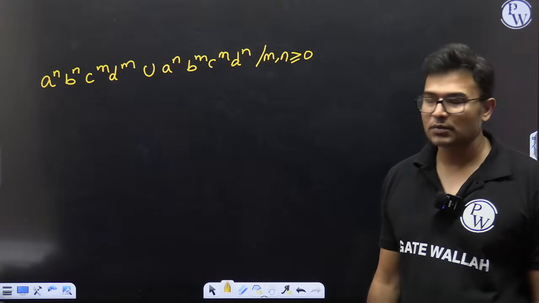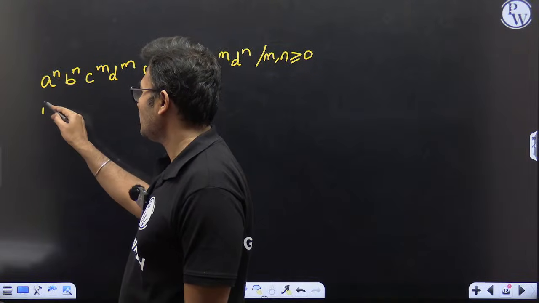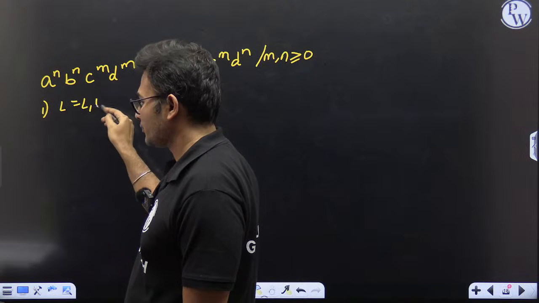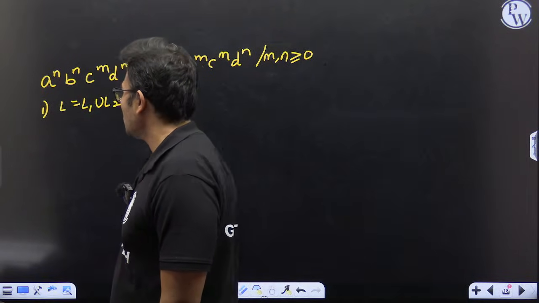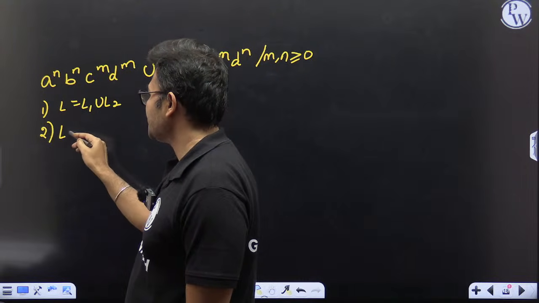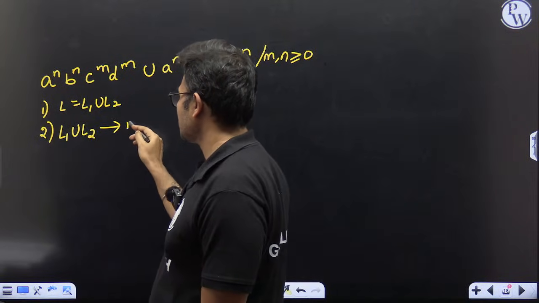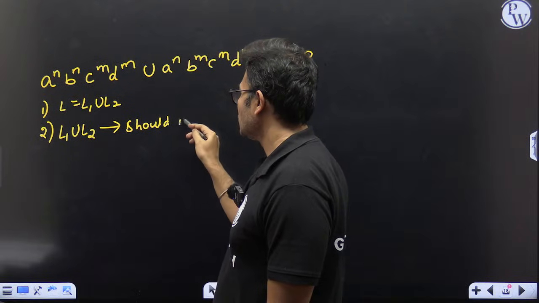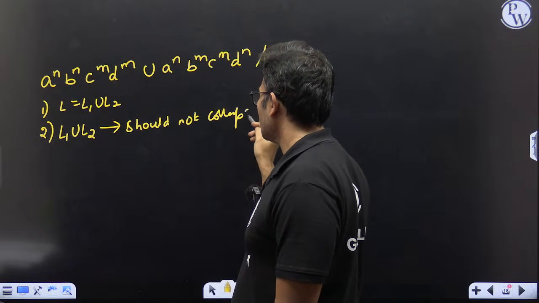Very good. So, rule number 1 says L should be equal to union of two or more languages. And rule number 2 says that L1 union L2 should not collapse into a single language.